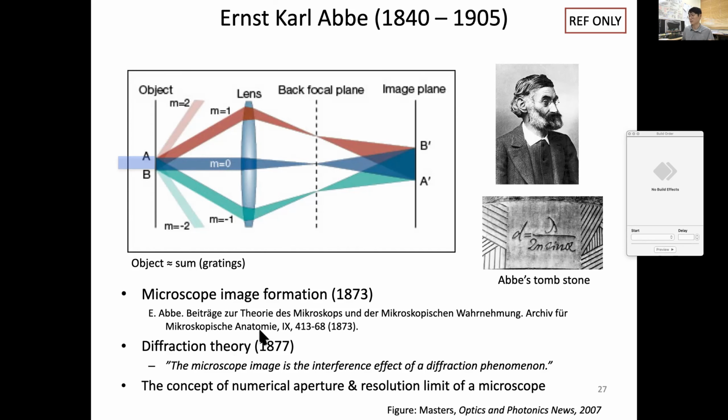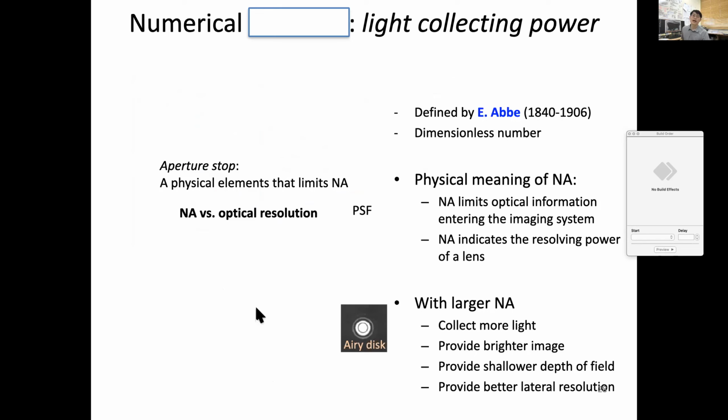Okay, because of that, when we talk about resolution, I want to introduce a term which was coined by Ernst Abbe, whom I just showed. That's called numerical aperture. In a camera, there's an aperture, and those who like taking photography can also understand.